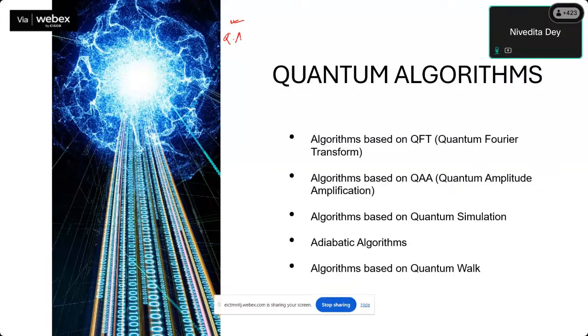So quantum algorithms are primarily of two types. The first one is the primitive one. Why primitive? If you ask whether they are really NP-hard problems that we have solved, the answer is no. But it was an exploration, a first footstep.